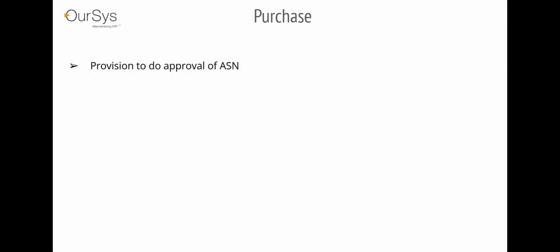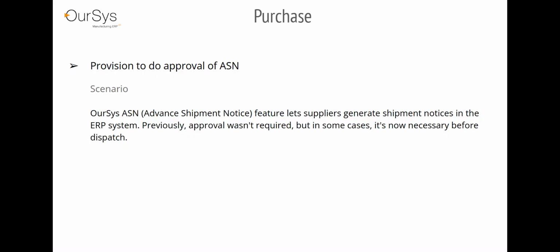Moving ahead with the next update, provision to do approval of ASN. In OurSys, we have a feature called advance shipment notice, which lets a supplier create a shipment notice for the material which they are planning to send using OurSys. Before, OurSys didn't have any approval system.